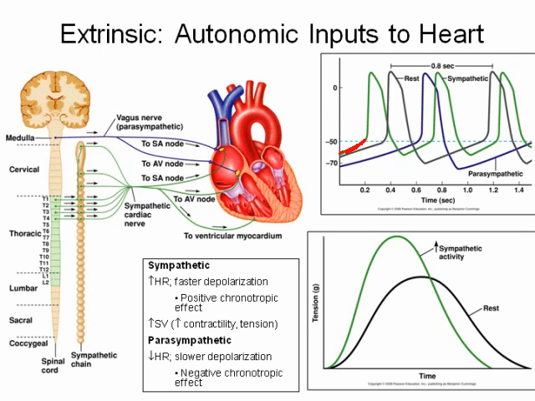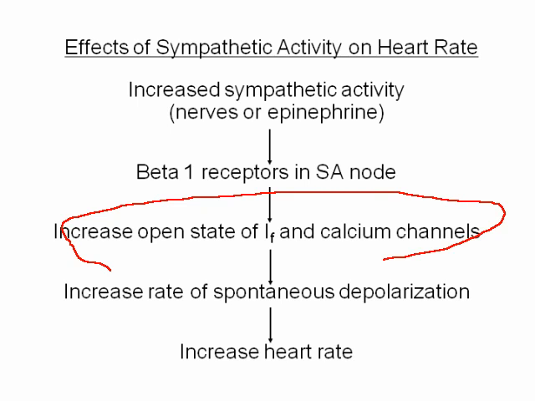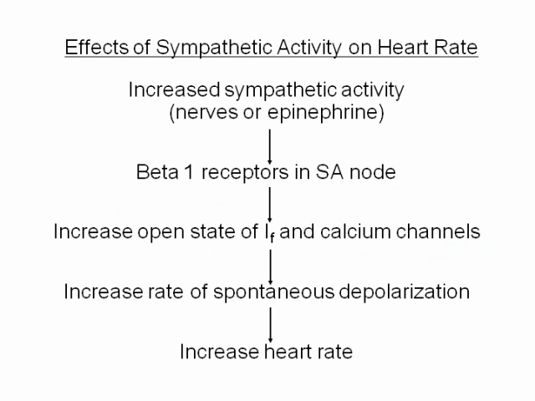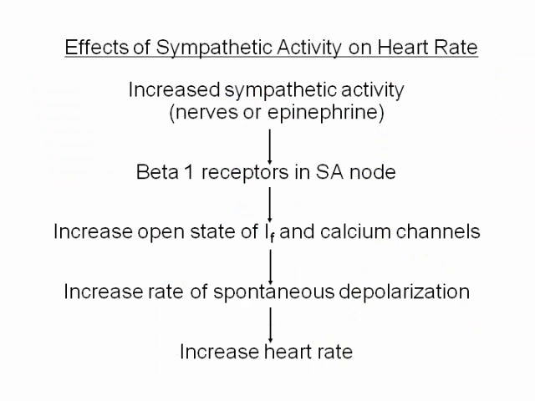That is what causes this line, this pacemaker potential, to have a higher slope, to rise more rapidly than what we see normally, because we have this increased opening of the funny channels and the calcium channels. And then this, of course, is going to increase the rate of the spontaneous depolarization. It's going to make these depolarizations occur more rapidly than they normally do, and increase heart rate.